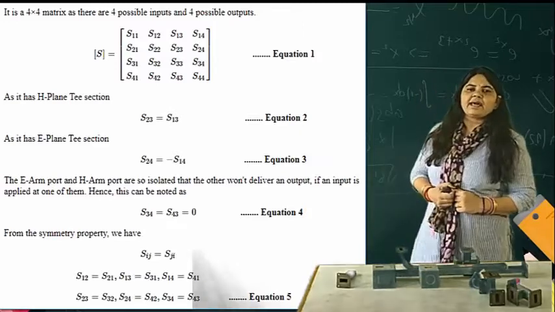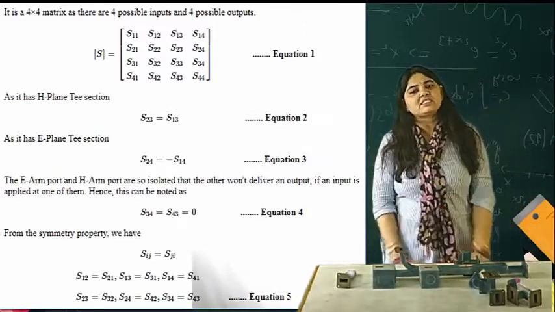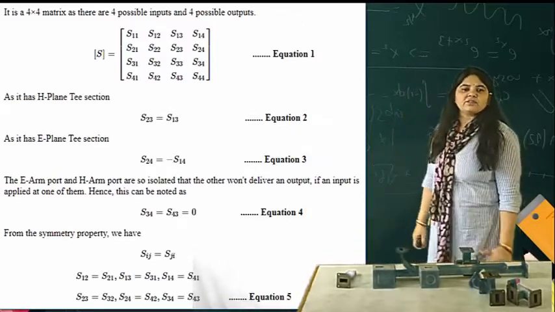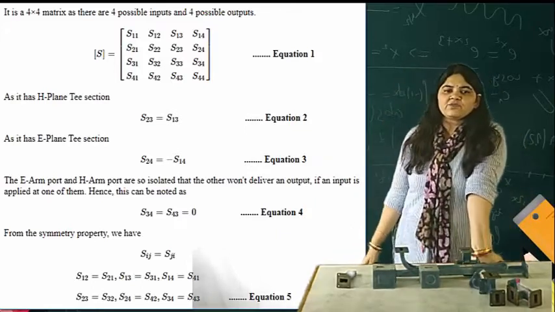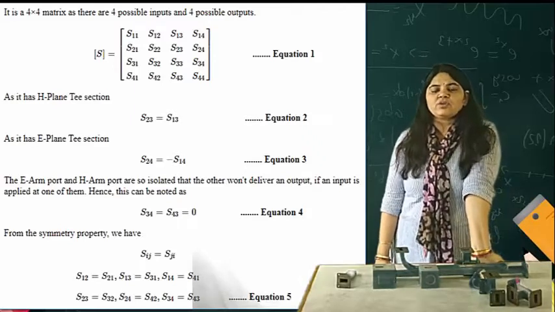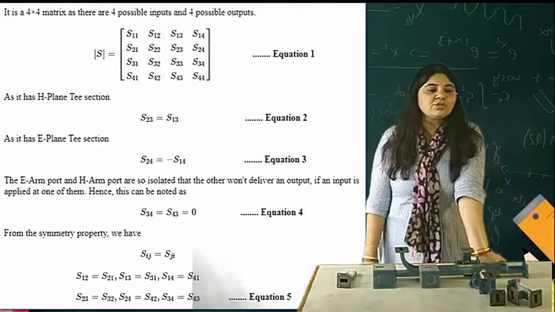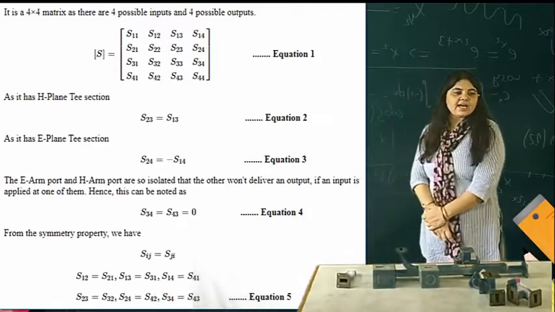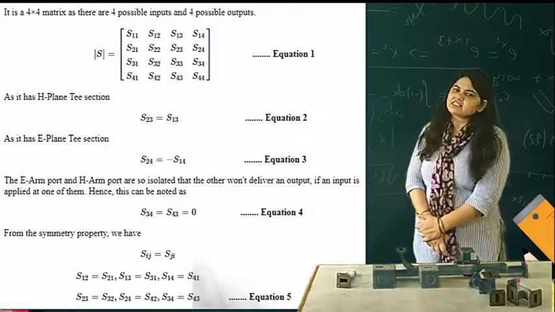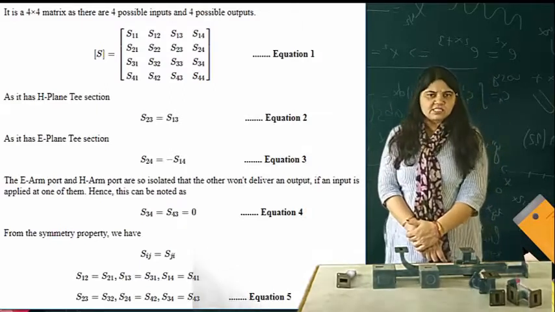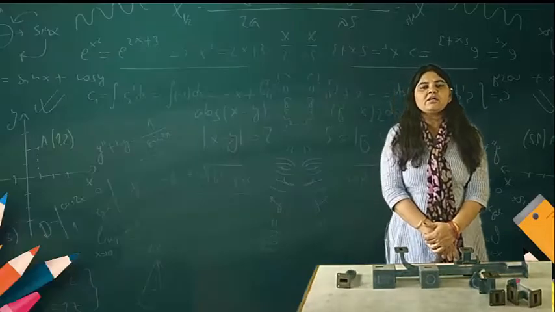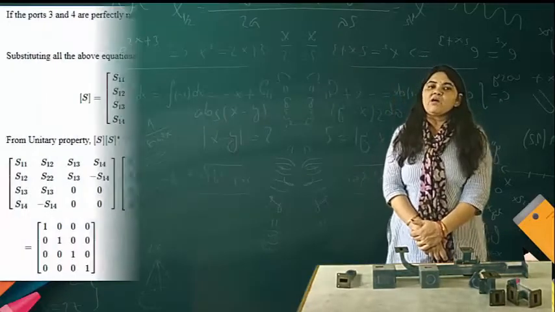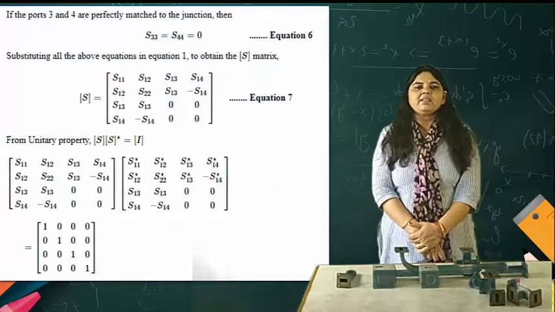And you can say that S12 is equal to S21, S31 is equal to S13, S41 is equal to S14, S23 is equal to S32, S42 is equal to S24, and S34 is equal to S43. So this way we now have all the values for the parameters, and we will put all the values in the matrix.